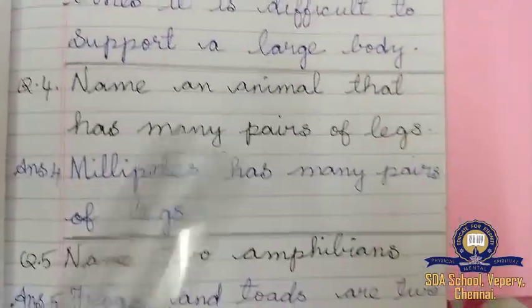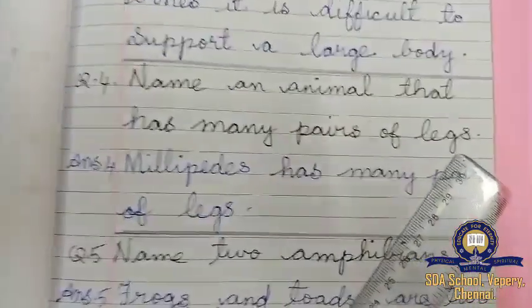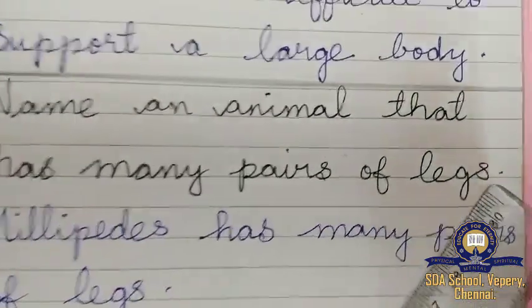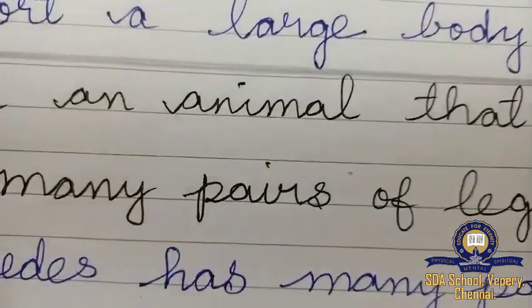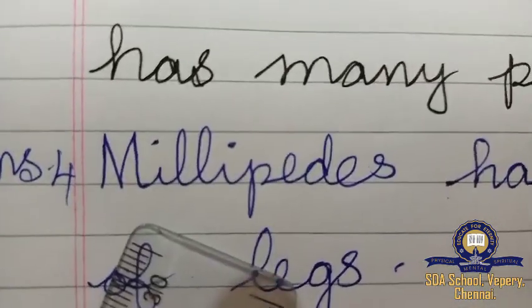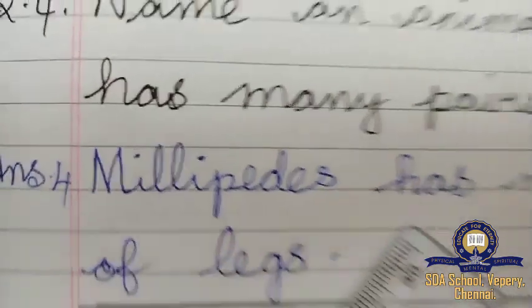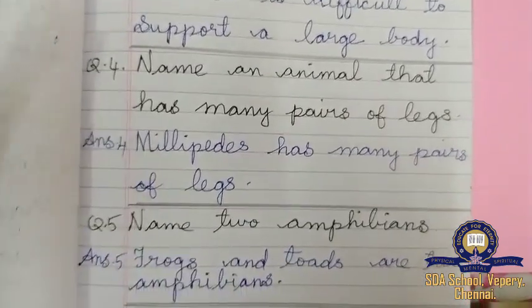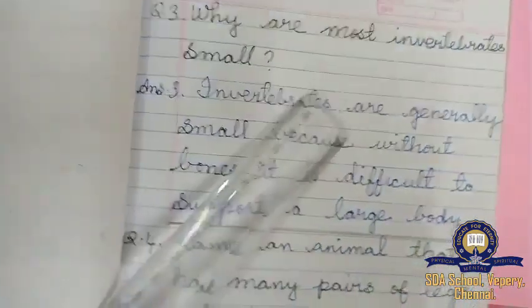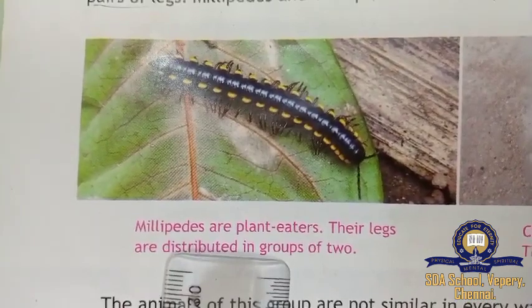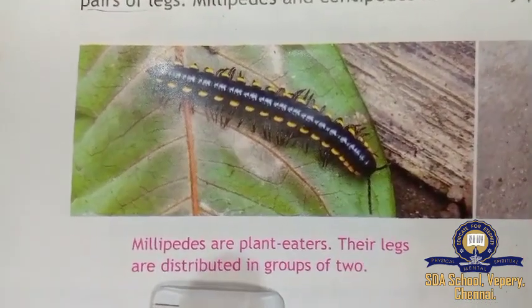Name an animal that has many pairs of legs. Pairs means two. Millipedes. Millipedes have many pairs of legs. You can see millipedes in the picture in your book on page number 42. Millipedes are plant eaters and their legs are distributed in groups of two.